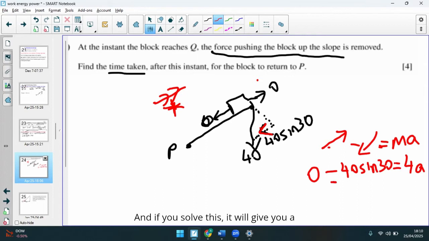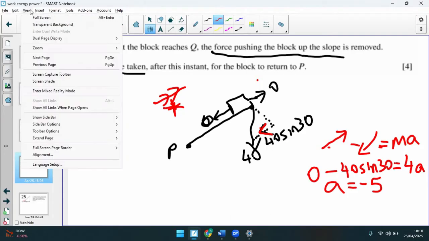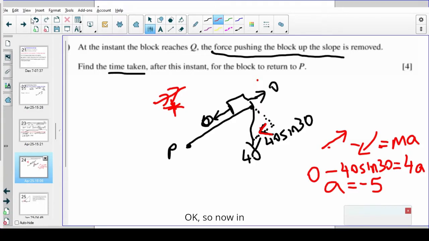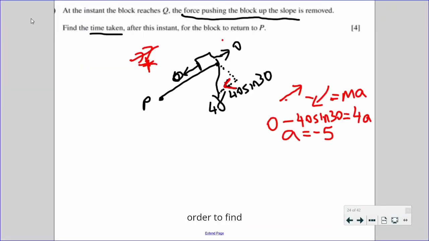And if you solve this, it will give you a equals minus 5. Once you've done this, they wanted you to find the time. So in order to find the time, we will have to use the SUVAT formula.